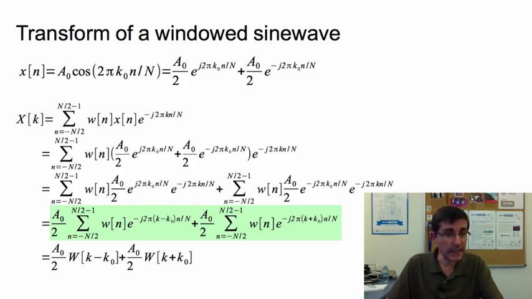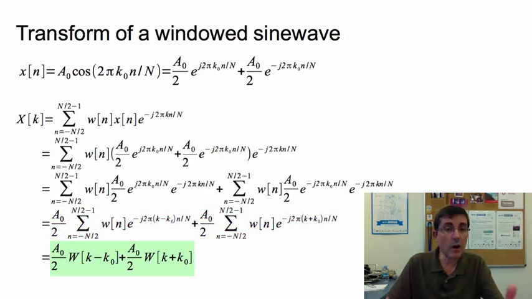At the end we see that the result is the spectrum of the window, frequency shifted by the frequency of the input signal, and multiplied by half of the amplitude of the input signal, plus of course the other window at the other complex exponential frequency.